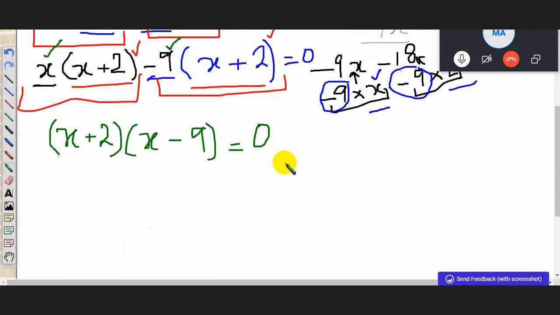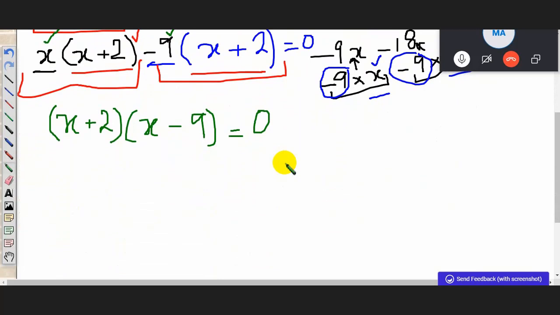That's good. So now we need to find the value for x. Here we use a property, and let me write it here. The name of the property is the zero factor property, and it's obvious from its name. There are two factors, and they are equal to 0.